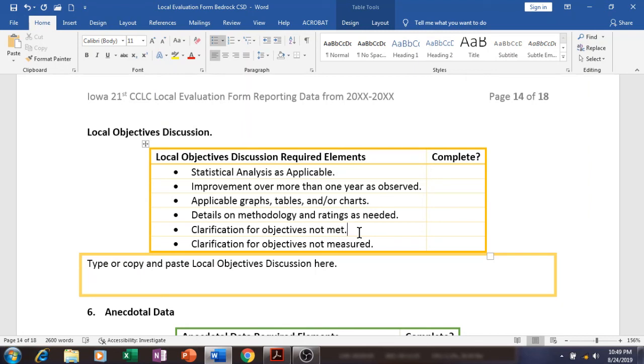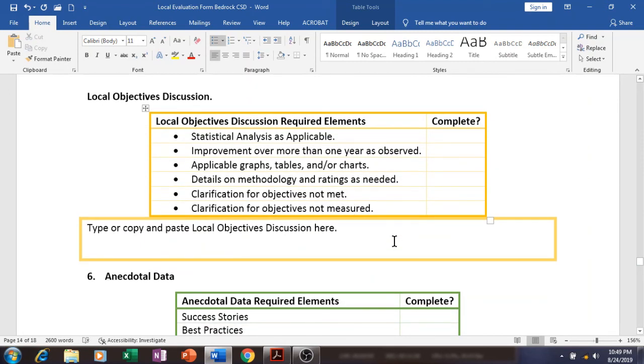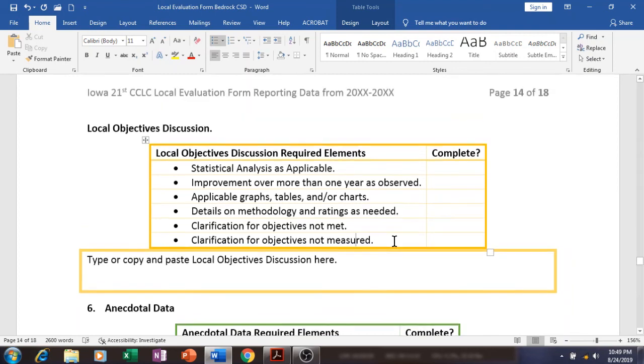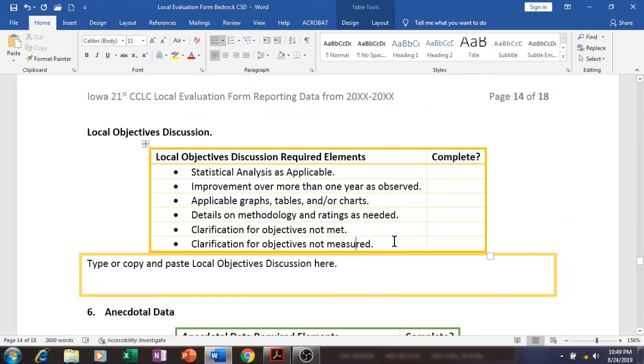And you also need to clarify why you didn't get some things measured. You know, we missed the boat on the planning. I wouldn't state it that way. You want to state that there was a lapse. Perhaps you had a change of personnel in the middle of the year, and that kind of messed things up when you had the changing of the guard. Those are the things you would look at.